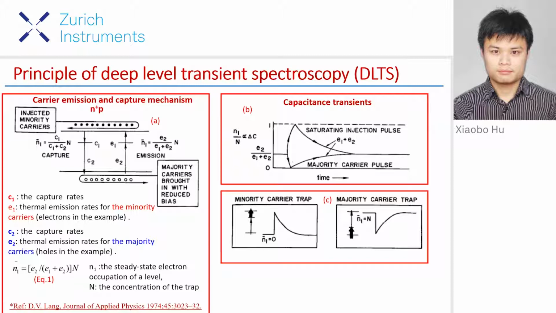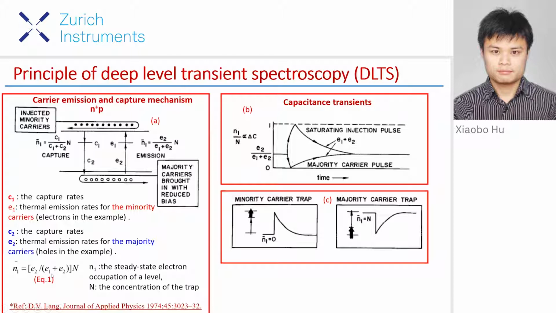In the quiescent state of the system, the diode is reverse biased and the observable traps are within the depletion region. So the capture rates are 0 and the occupation of the level is determined by the thermal emission rates E1 and E2.